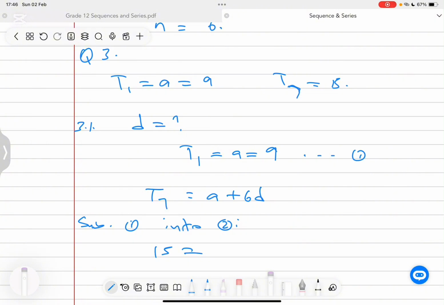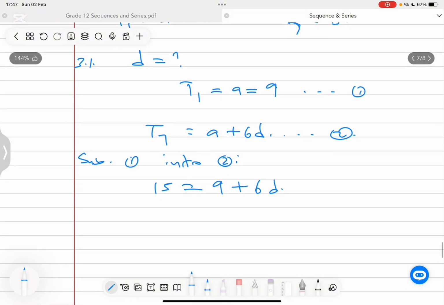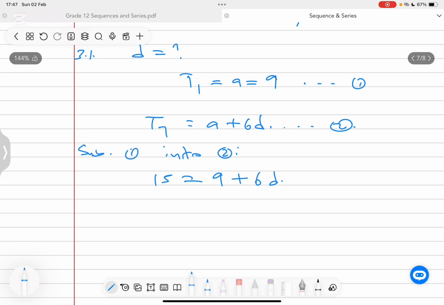Now we just said that we are substituting equation 1 into equation 2, right? Here I'm going to put a 9 in place of the a, and then I'm going to have 6 times d. At this stage, this becomes easy to simplify because it looks like a linear equation, really.